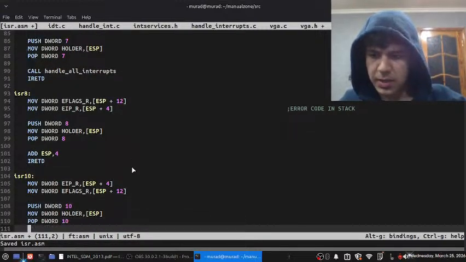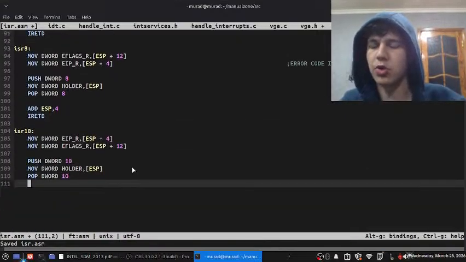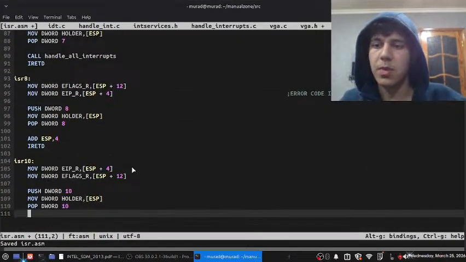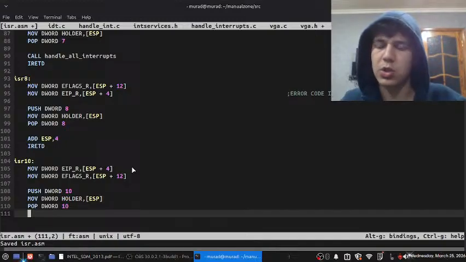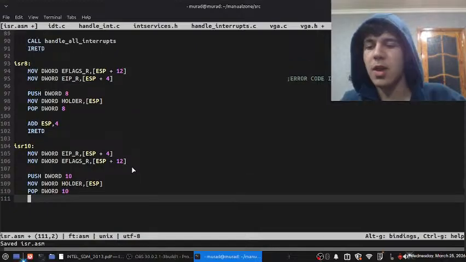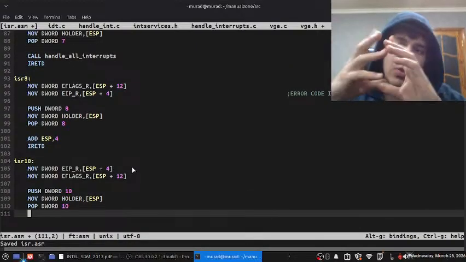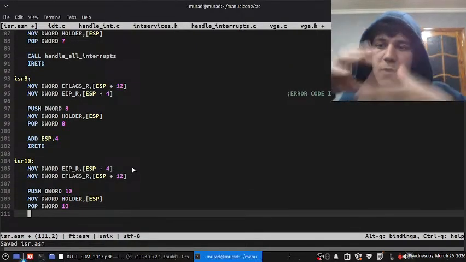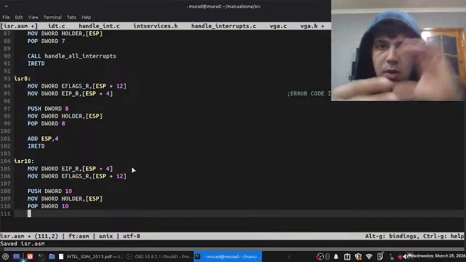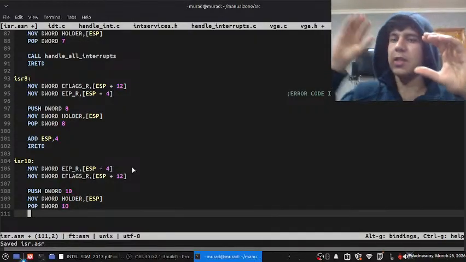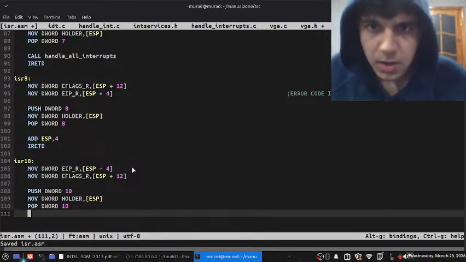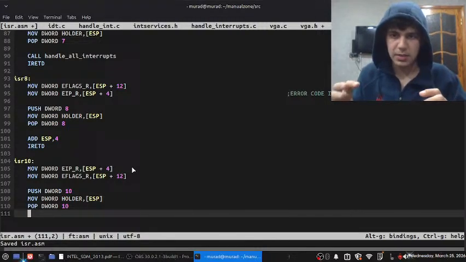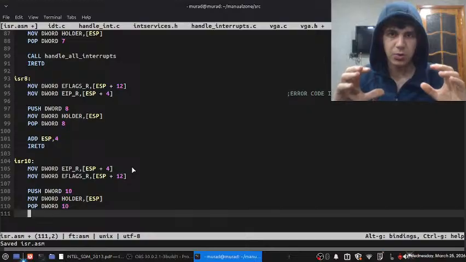In x86 architecture, the software programmer must be very attentive, because x86 is a complex instruction set architecture. Let's say this is the flags and this is the arithmetic logical unit.